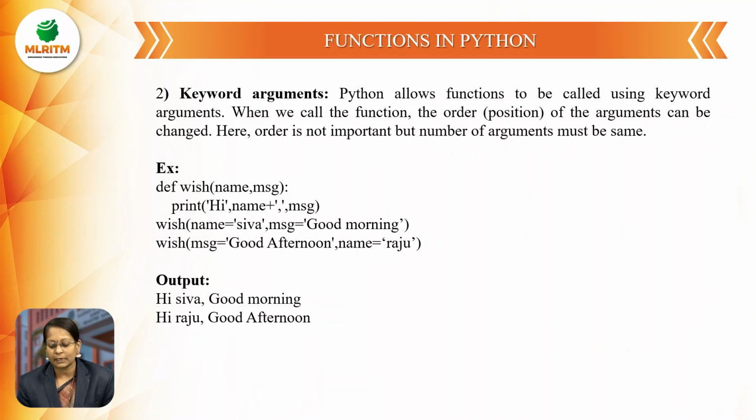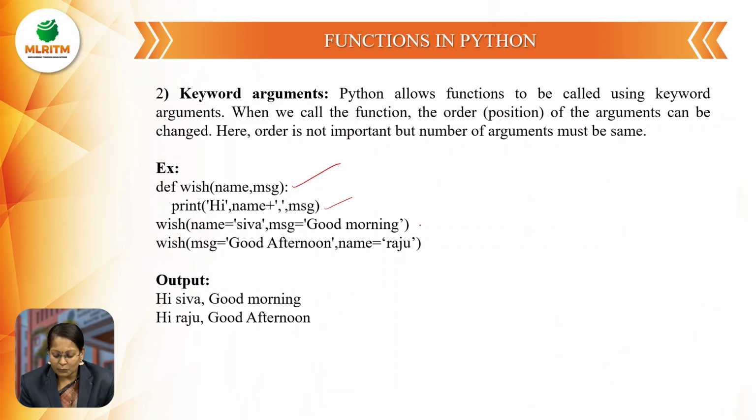That's why in keyword arguments, the order is not mandatory, but the keyword is mandatory. So here again we are taking the same example, wish function with 2 arguments, name, message, then print hi, name plus message. So we are printing the name with the message.